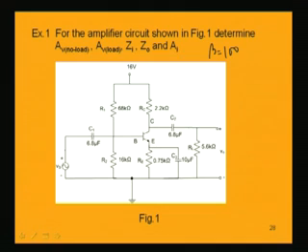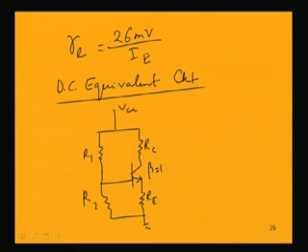Now this beta is 100. So now the currents are IC, this is IE, and using Thevenin's equivalent circuit we can draw this Thevenin's equivalent circuit.